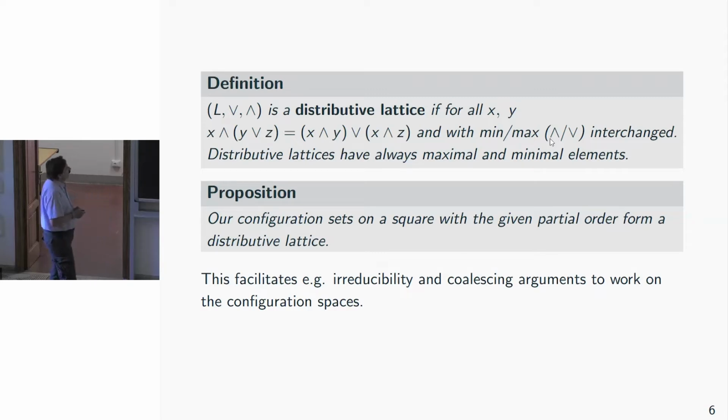So in particular, there is the maximal element and minimal element, which are used in the proofs of the results that are coming. These two things are important little bits to complete them. Okay.